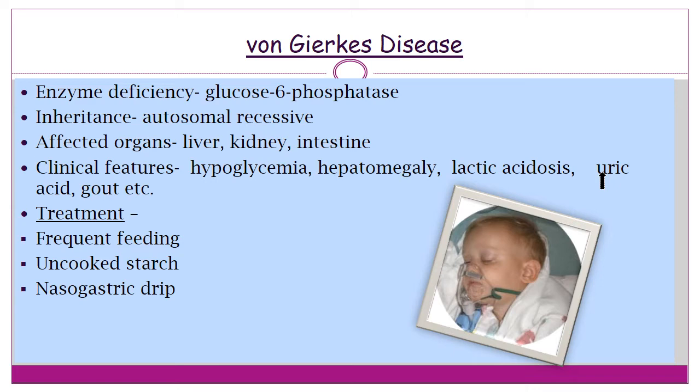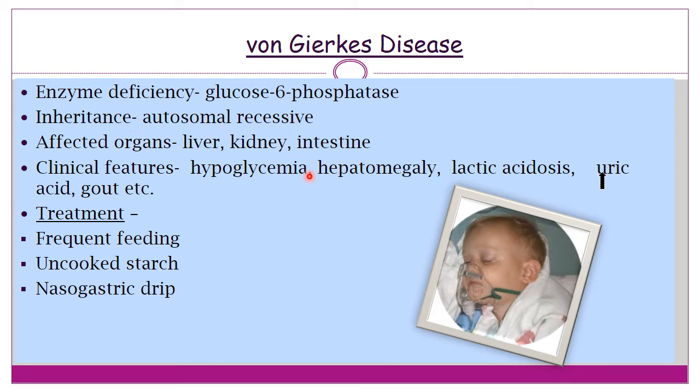So when this enzyme is absent, you will not be able to convert glucose 6 phosphate into glucose. Now the inheritance is autosomal recessive.